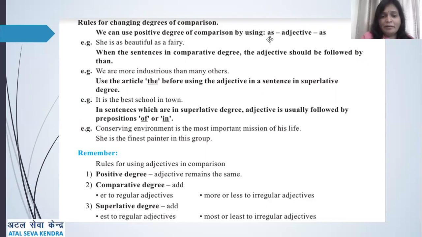Positive degree, remember, adjectives remain the same. Comparative degree, add er to regular adjectives, more or less to irregular adjectives. When it comes to superlative degree, add est to regular adjectives, most or least to irregular adjectives.